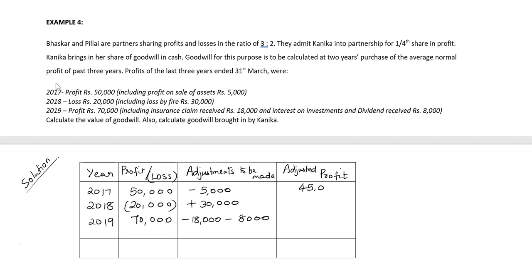for 2017, it's 45,000. For 2018, minus 20,000 plus 30,000, which is 10,000. And for 2019, it's 70,000 minus the total of 18,000 and 8,000, which is 26,000. So it's 44,000.